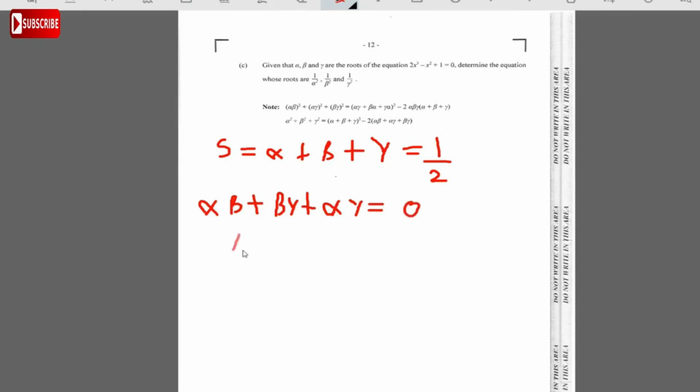Then alpha, beta, gamma is equal to minus d over a. So it's going to be equal to minus 1 over 2.